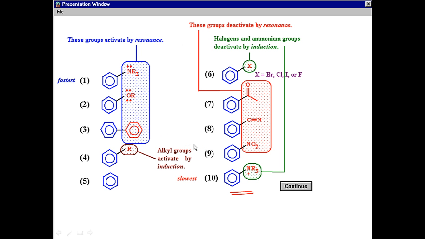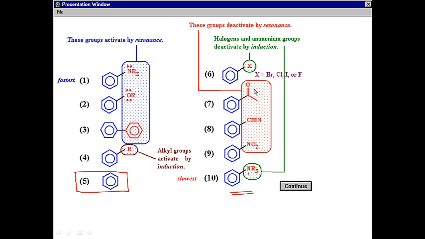So here's the experimental list of activating and deactivating groups. Again, benzene is our baseline. These three groups activate by resonance. The alkyl group activates by induction. The halogen deactivates by induction.